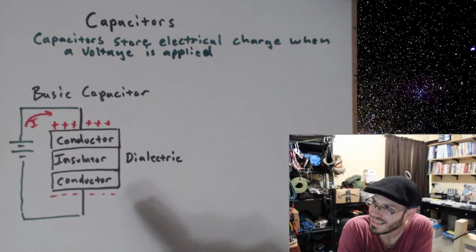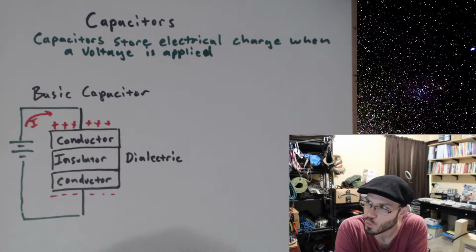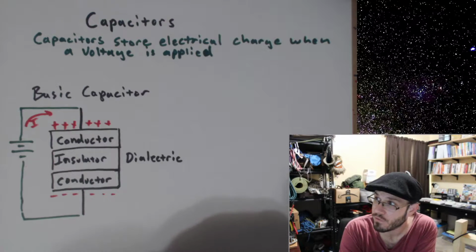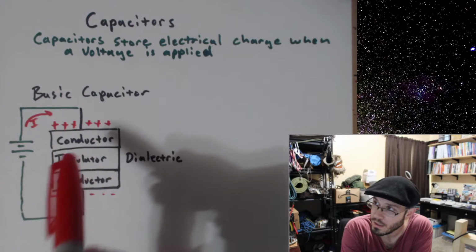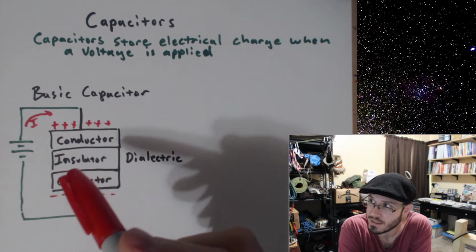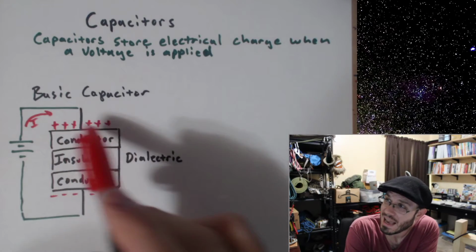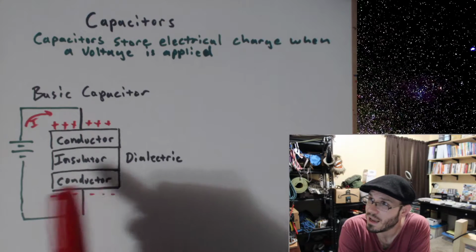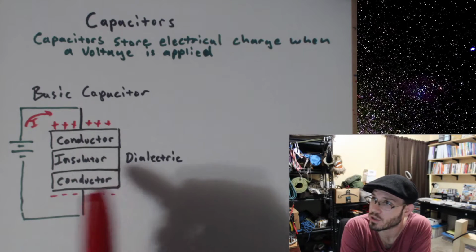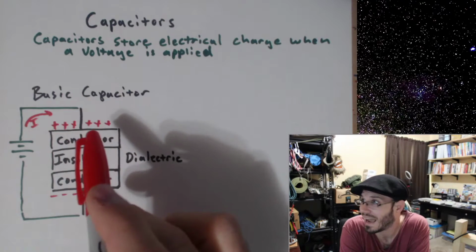Now, when you looked at an inductor from the last two lectures, we stored energy as well, but we stored it in a magnetic field. Whereas for a capacitor, we're going to be storing energy very similar to an inductor. However, instead of a magnetic field, it's actually going to be charge that builds up on these plates. So on this side, we're going to get an excess of electrons, and on this side, we're going to end up getting a lack of electrons.